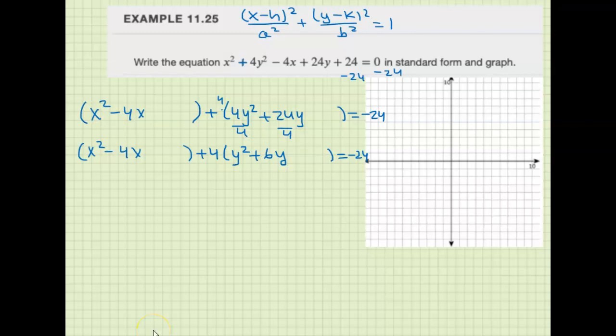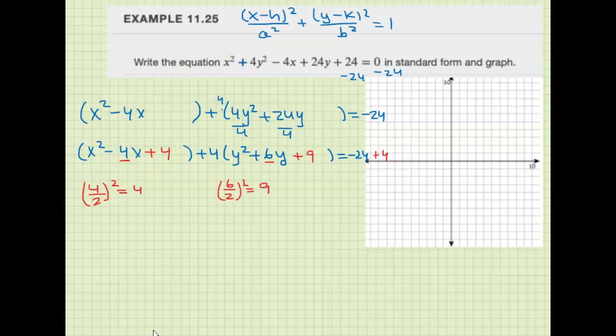So to complete the square, you take the b value, the coefficient of the x, you divide by 2 and you square it. 2 squared is 4, so we add 4 here and 4 to the other side. Alright? Okay. Now here, we take the b value, 6 divided by 2, and we square it. 3 squared is 9.